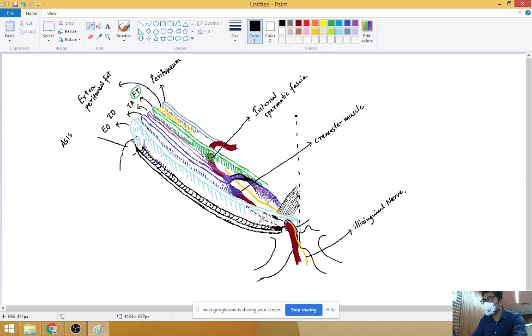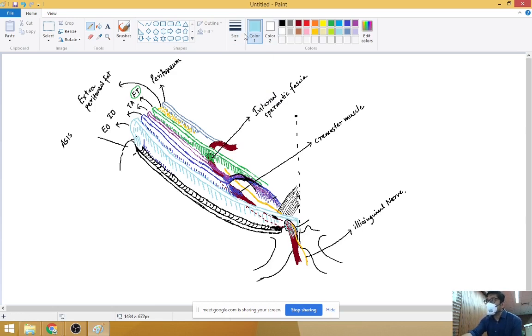Now, when it comes out through the opening in the external oblique aponeurosis, which is the superficial inguinal ring, which lies medial to the pubic tubercle, it also takes some fibers from the external oblique.